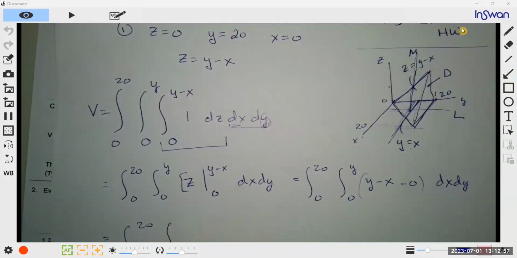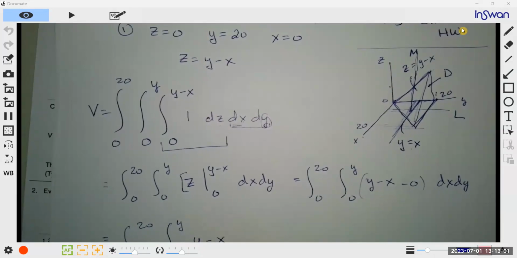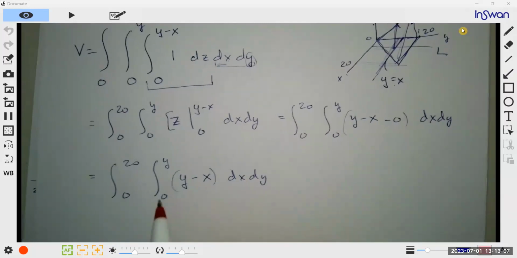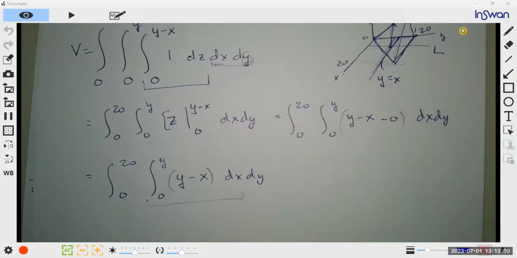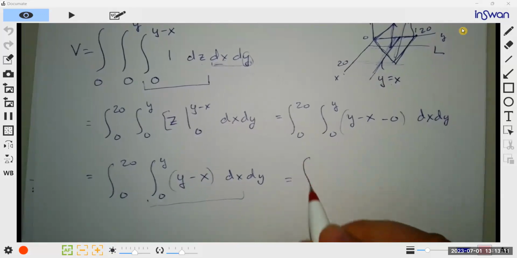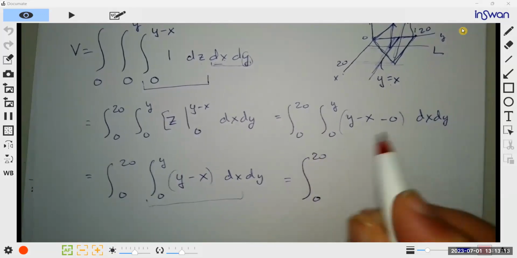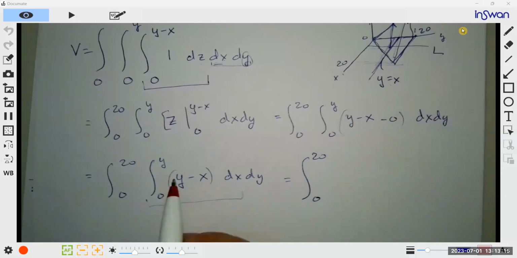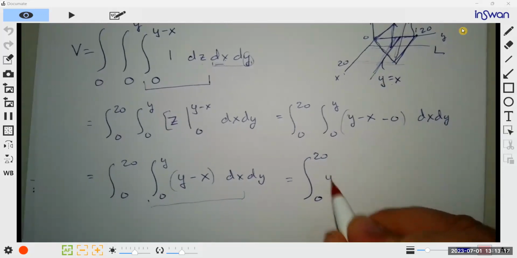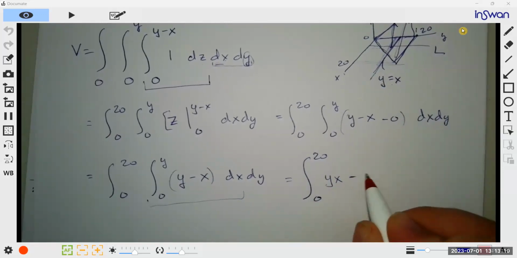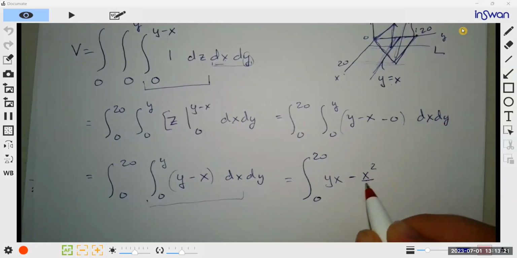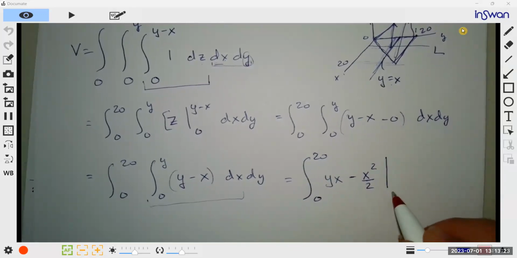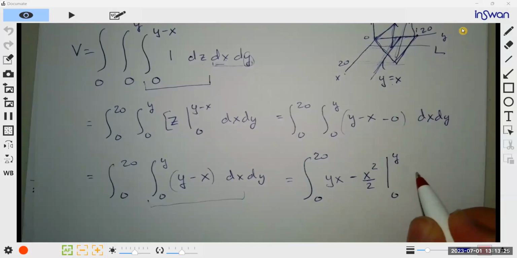Next one, we integrate with respect to x. All right, so integrating y minus x with respect to x, you get yx minus x squared over 2, from 0 to y.